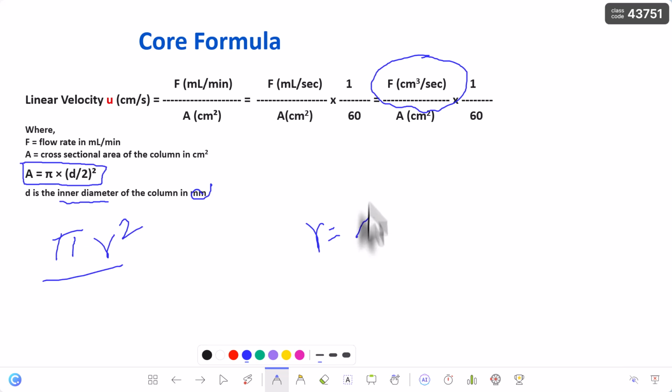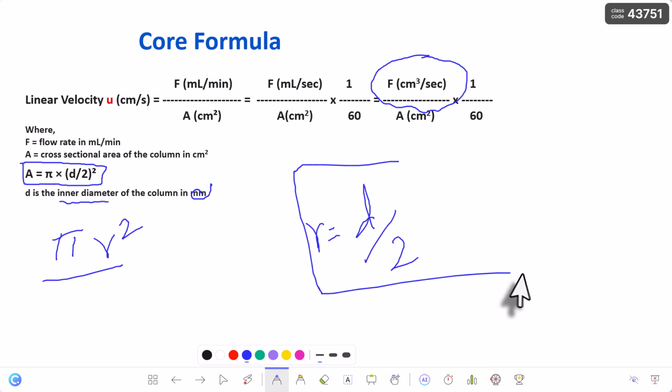If d is the inner diameter, then r is equal to d by 2. If you substitute this r into the formula, you come across this equation: pi into (d by 2) square. Now here is a small error: this millimeter has to be read as centimeter. Please take care of this.